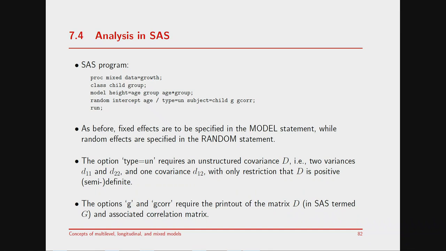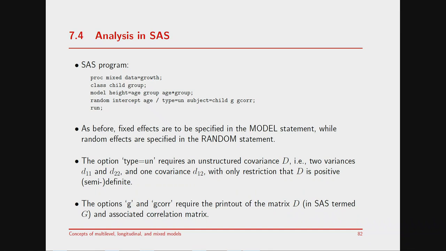I mean, no one has a direct link to God who tells you that the starting value of a subject is unrelated to the slope of that subject. So why would you want to assume a priori that this covariance is equal to 0? In most situations, you just keep it as flexible and general as possible, and you just use the UN option here.